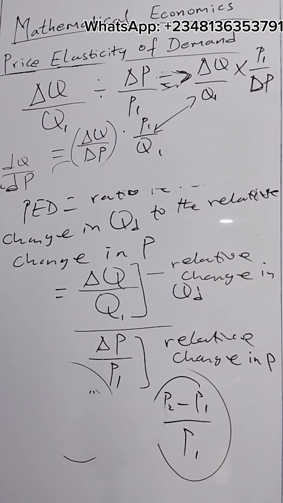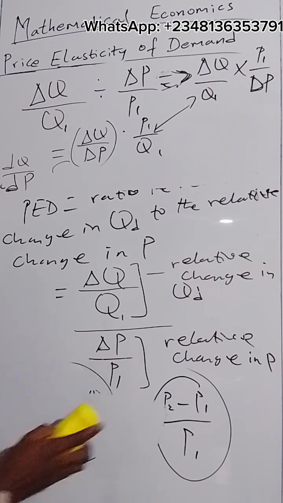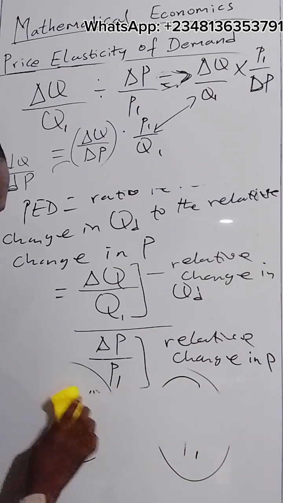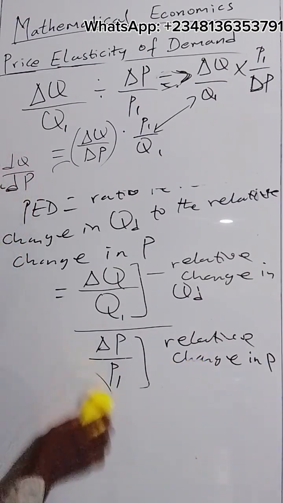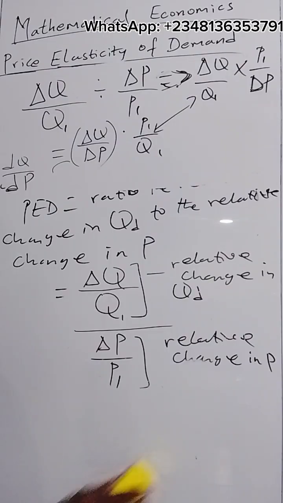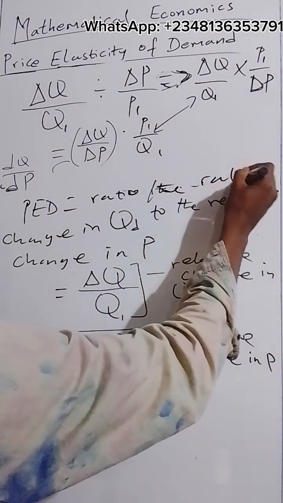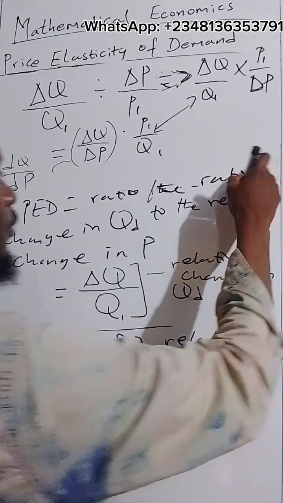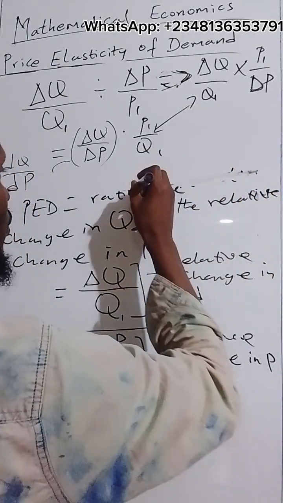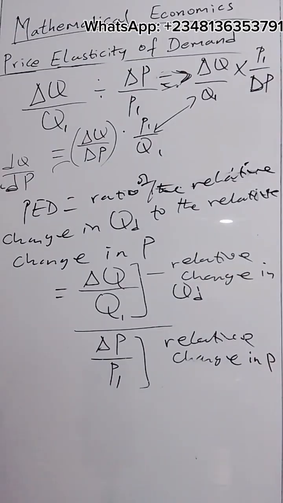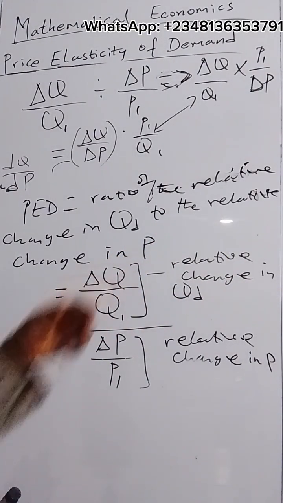Hope this is clear. Now let's go back to this place. We are coming from the angle that the price elasticity of demand is calculated as the ratio of the relative change in quantity demanded to the relative change in price.